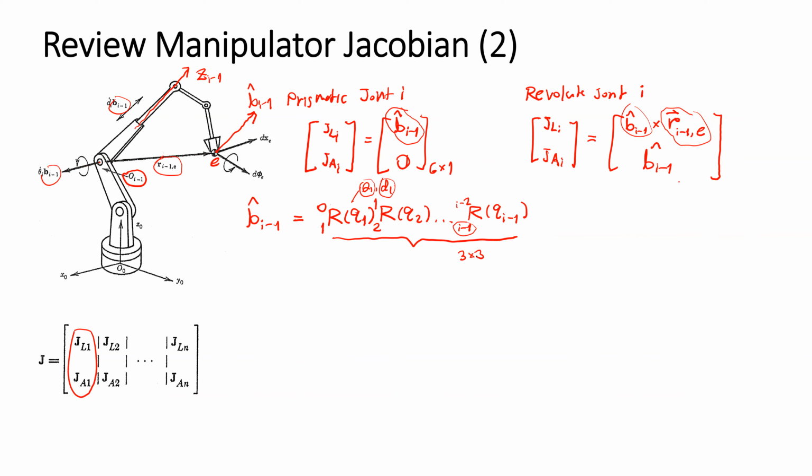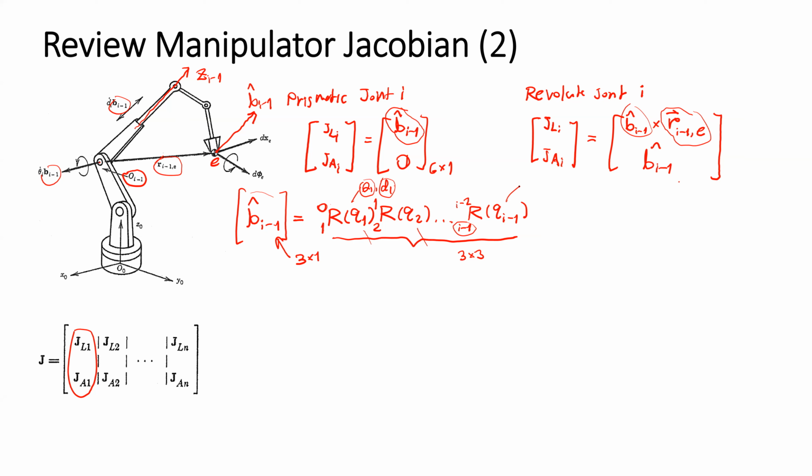How can we obtain the unit vector that is a 3 by 1 vector? We have the product of the matrices from frame 0 to frame i-1 as a function of joint 1, joint 2, until joint i-1, and it is going to be a 3 by 3 matrix.